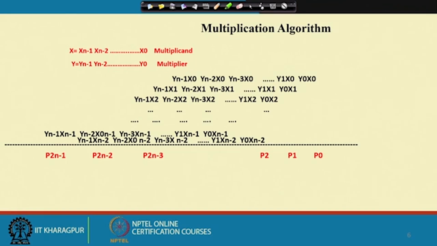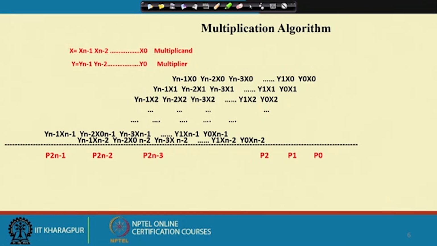In binary, if I consider x of n bit and y of n bit, then x will be represented as x0 to x n minus 1 and y will be represented as y0 to y n minus 1. So, how do we do this multiplication of x dot y? The bitwise multiplication operation is performed here in binary multiplication.